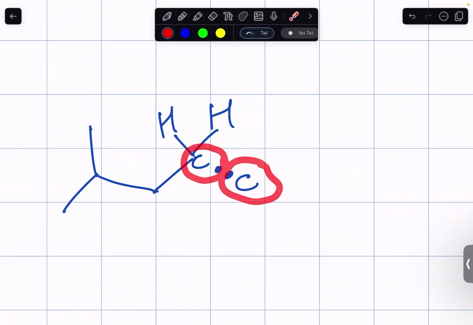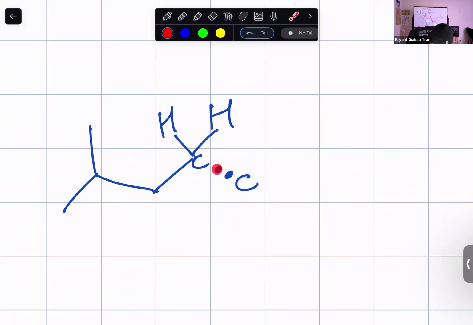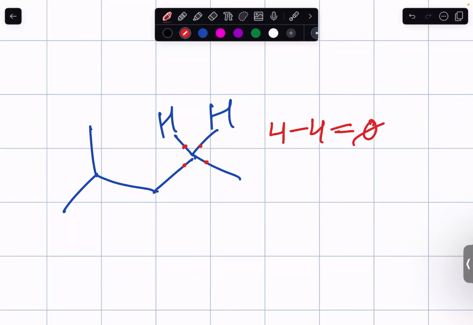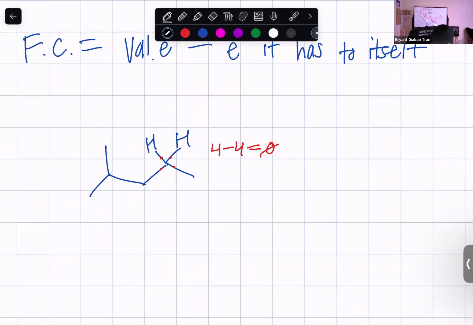So this carbon has 1 electron to itself from this bond. I'm going to redraw the regular bond line form. This carbon will have 1, 2, 3, 4 electrons to itself. 4 minus 4 is 0. Right. Let's try something like this then.